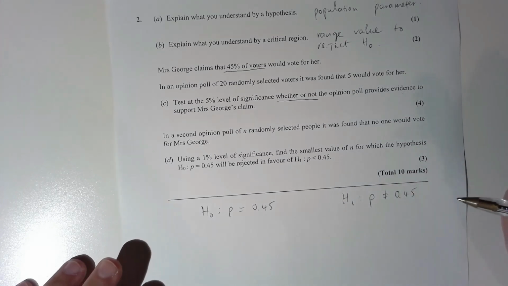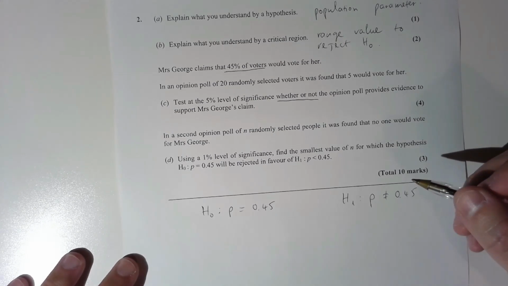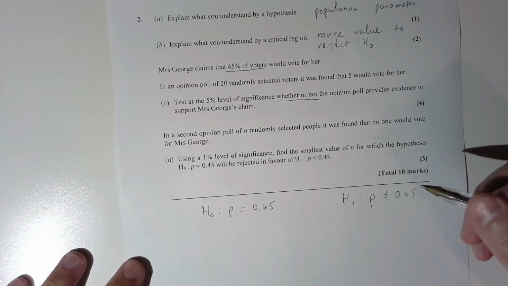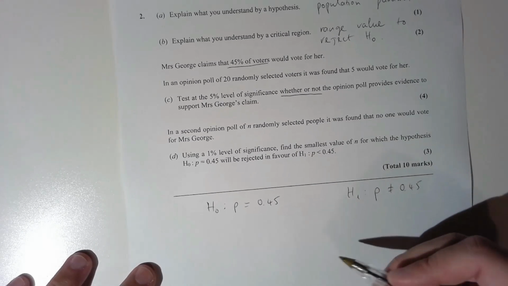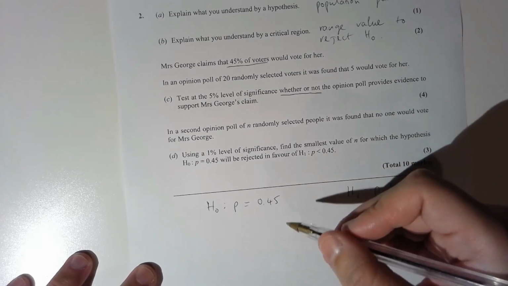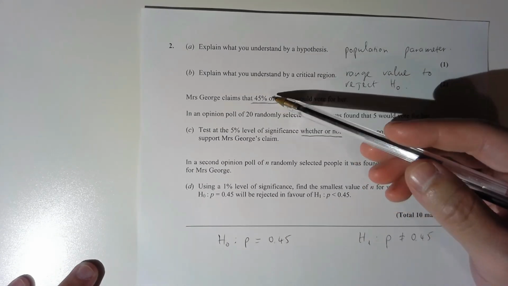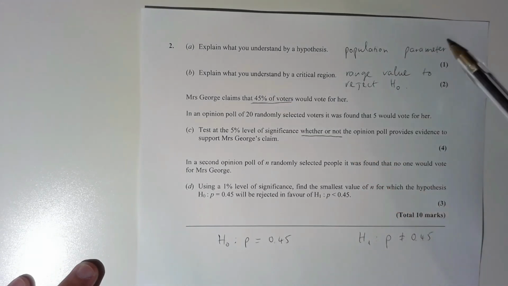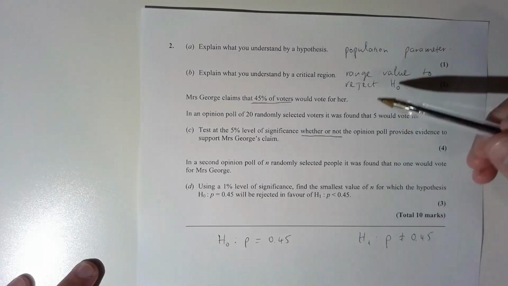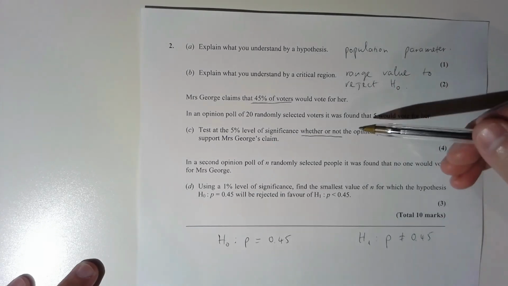Because we test at the 5% level of significance, that means 2.5% in each tail. Now we expected 9 voters, because 20 times 0.45 gives the expected value 9, but now 5 should be on the left hand side tail.